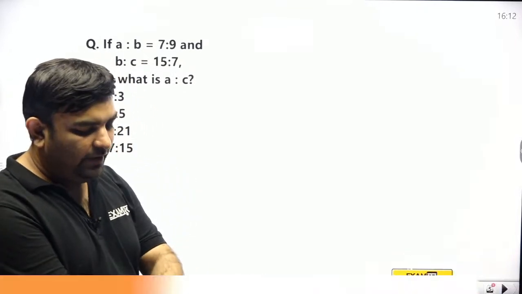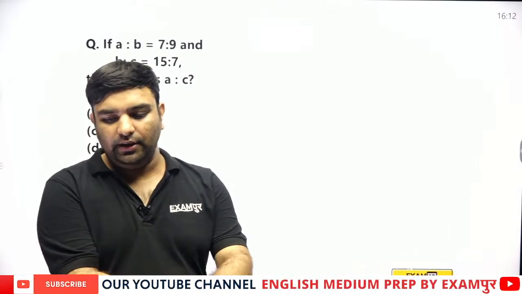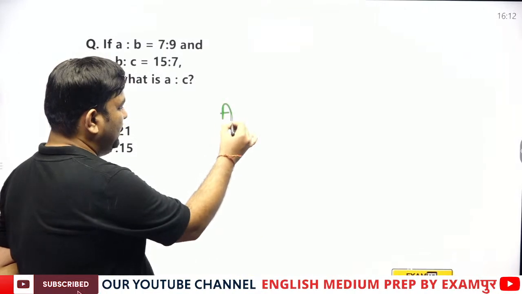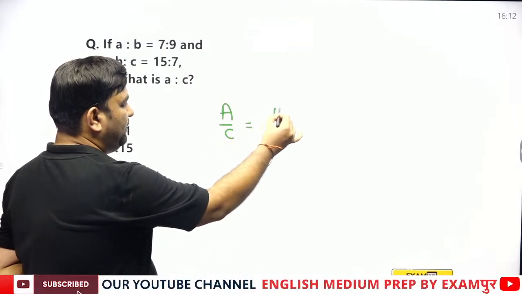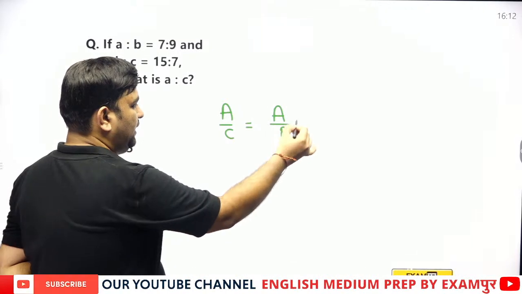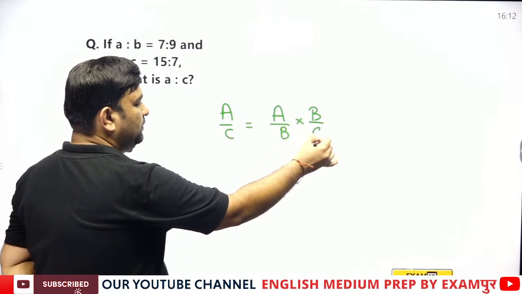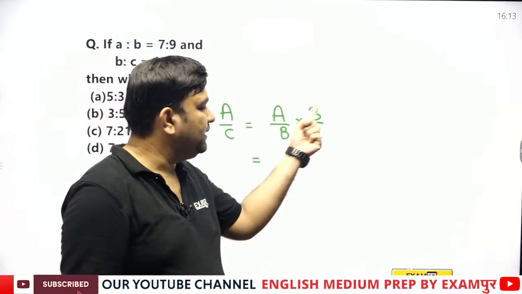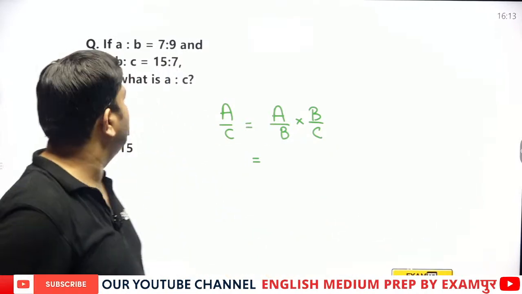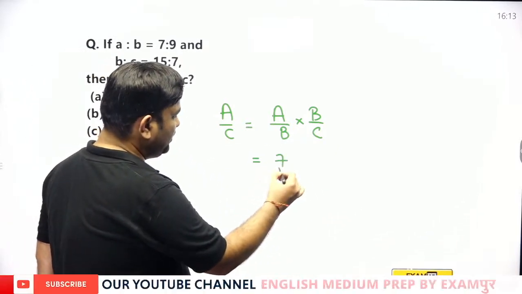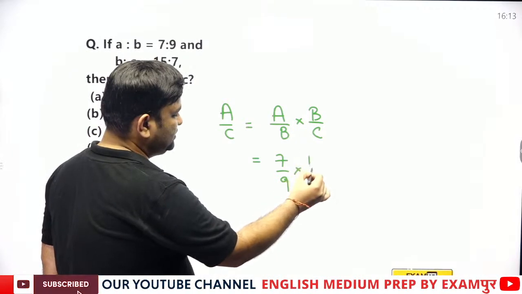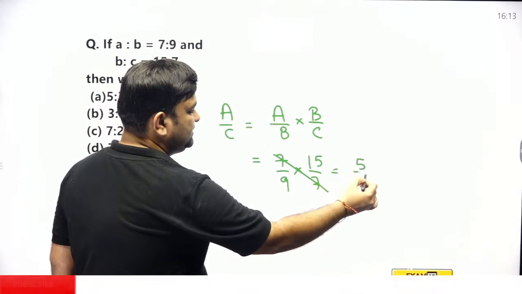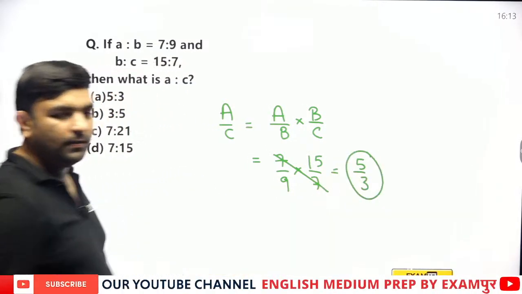Whenever they are asking about A ratio C, A ratio D, A ratio E, you can tackle it this way. A ratio C would be A by B into B by C, because if you do the successive multiplication, B will get cancelled out. A by B is 7 ratio 9 and B by C is 15 ratio 7. 3 5s, 3 3s cancel. Answer.